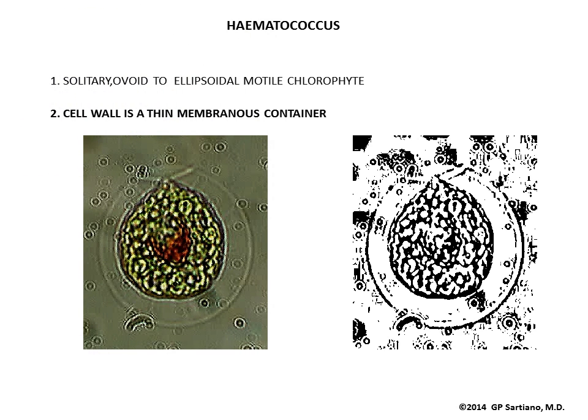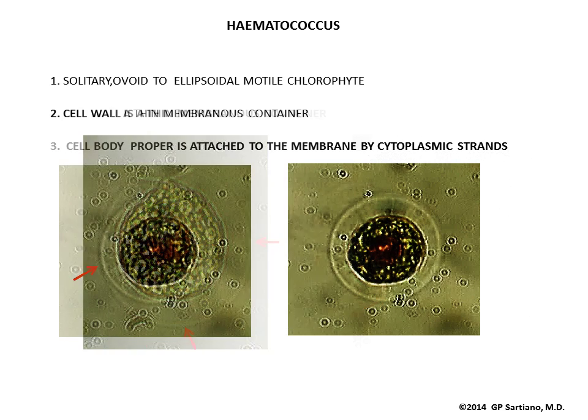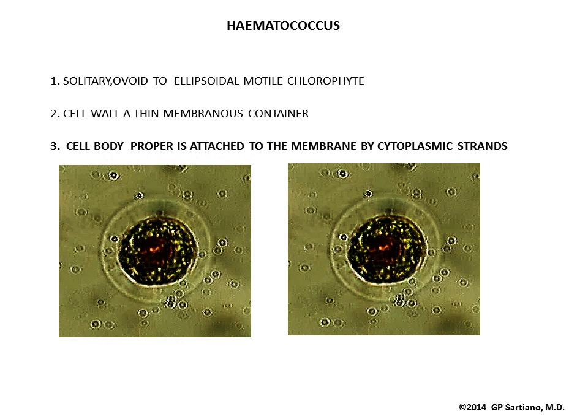The cell wall of Haematococcus constitutes a thin, membranous container. The cell body proper is attached to the membrane by cytoplasmic strands.